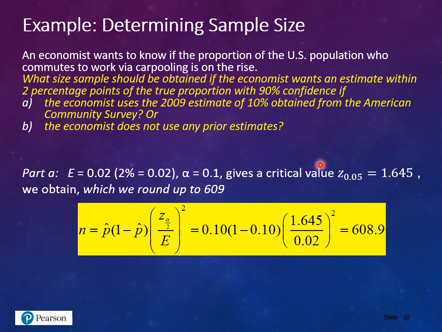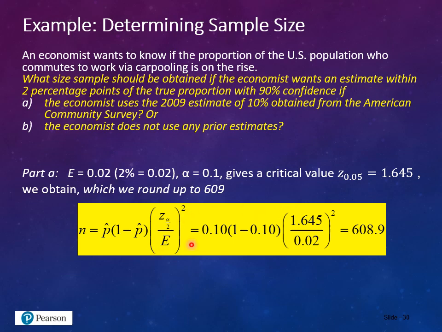And our critical value is z sub alpha over 2. If alpha is 0.1, 0.1 divided by 2 is 0.05. And then from the table, we see that z sub 0.05 is equal to 1.645.